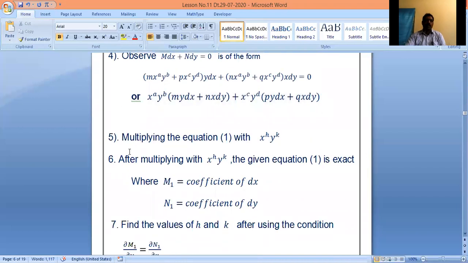Number 5, multiply the equation 1 with x to the power of h into y to the power of k.